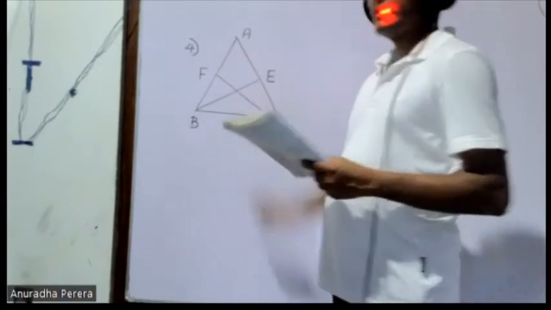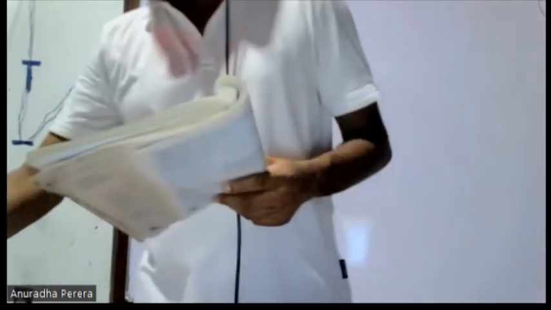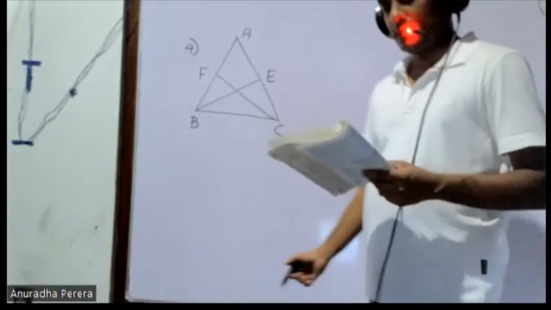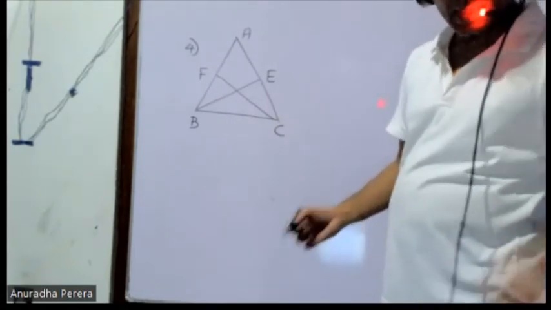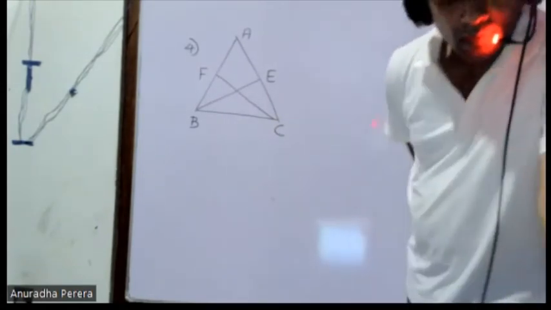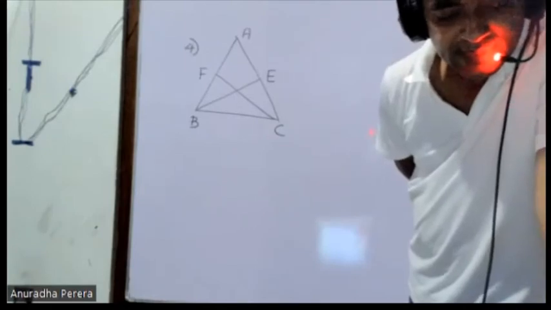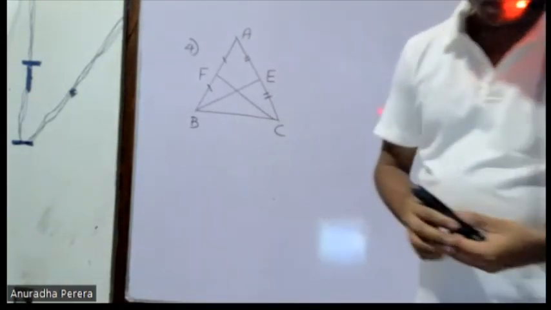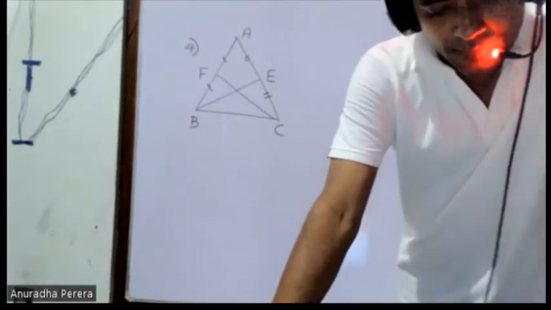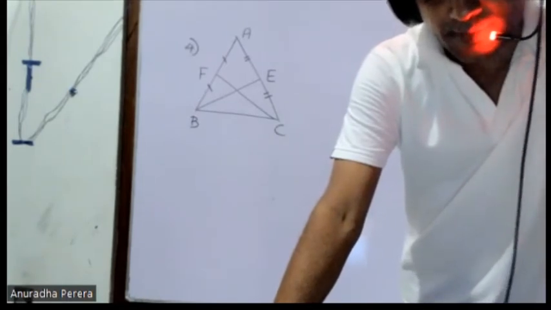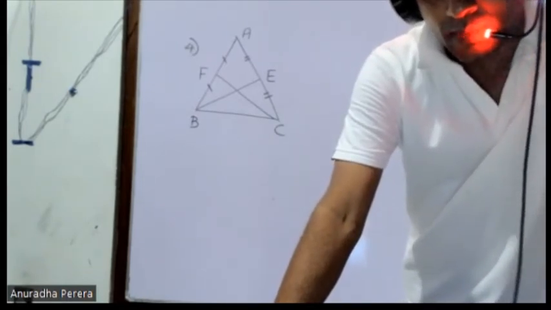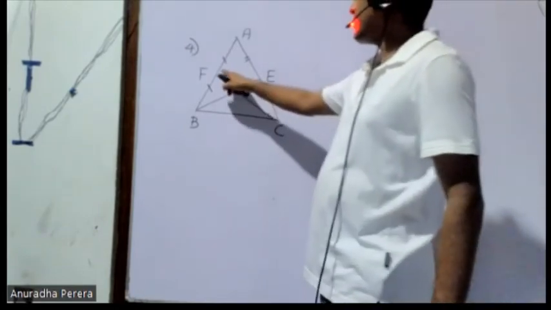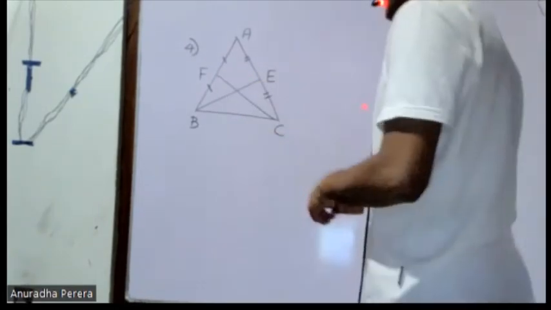All the sides are equal and all the angles are equal. You know about this. In an equilateral triangle, sides are equal and angles are equal. The midpoints of AC and EF respectively. Midpoints. Show that AB and FC are perpendicular. You have to prove this as 90 degrees. You can prove it very easily.